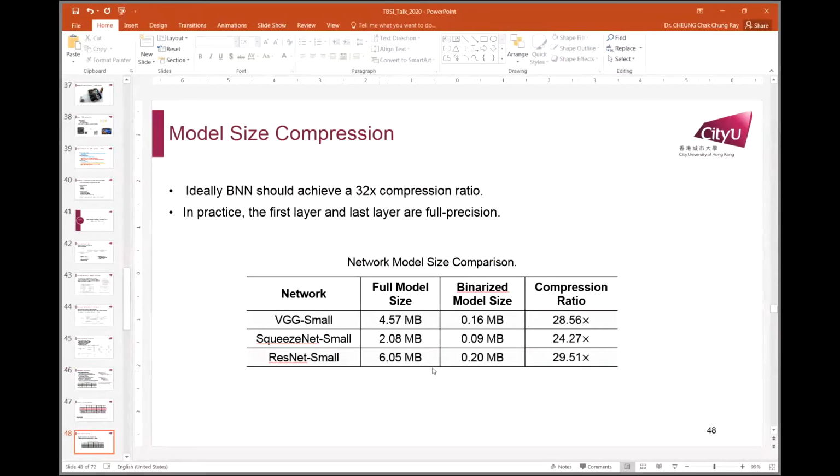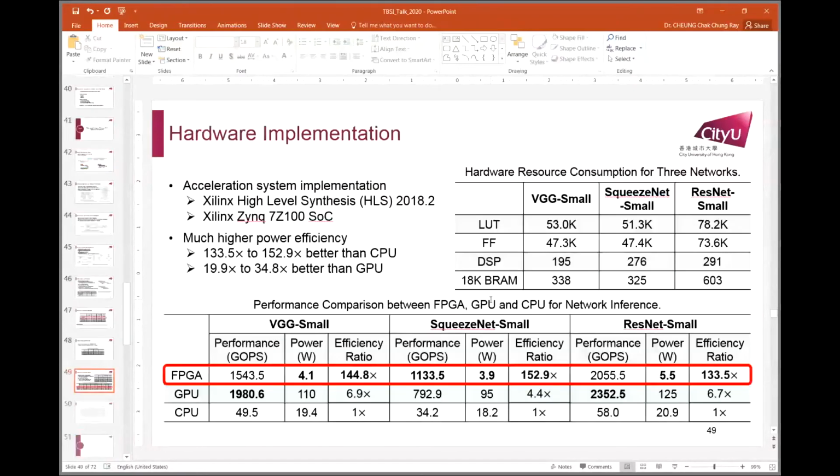So you can see the model we are squeezing from about 5 megabytes to only 0.16 megabytes. This is nice because with these tiny devices, you only have a very small memory space to hold your data so that the chip can do the recognition, can do the inference. For example, recognizing that this is David, this is Dr. Tan, you want to have such a compression.